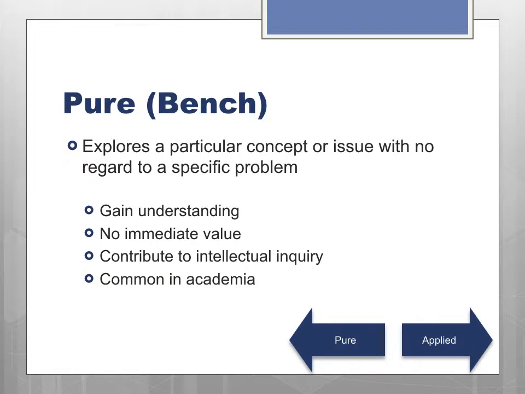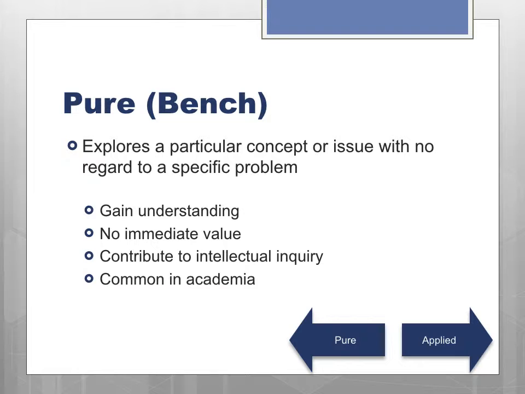It's done, number one, to gain an understanding about an issue or concept. It's also done where there is no immediate value. So if you do find a protein that is responsible for muscular dystrophy, you then have to apply that information to individuals with muscular dystrophy, or at least look at slices of muscle and this protein to see whether or not the muscle develops the characteristics of muscular dystrophy.